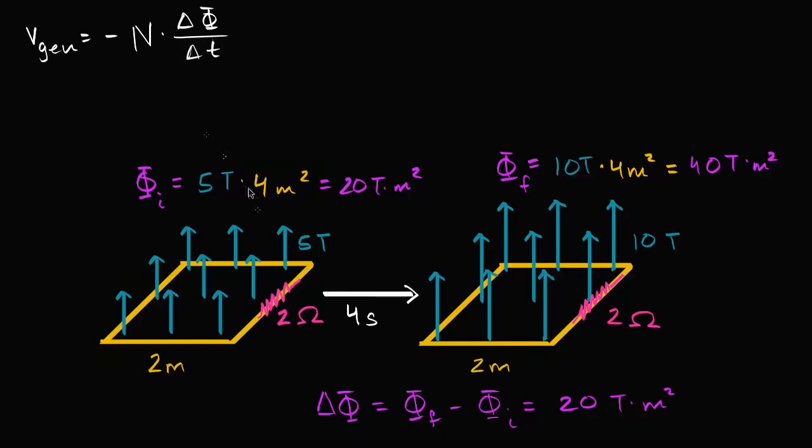So one way to think about this, and to do this problem right, we're assuming the rate of change is constant in our flux. So you have your average rate of change of your flux, and then you're going to multiply it times n. N is actually the number of loops you have, or you can think of it as the number of surfaces defined by it. In this exact example, n is just going to be 1. We just have 1 loop, so that simplifies it right over there.